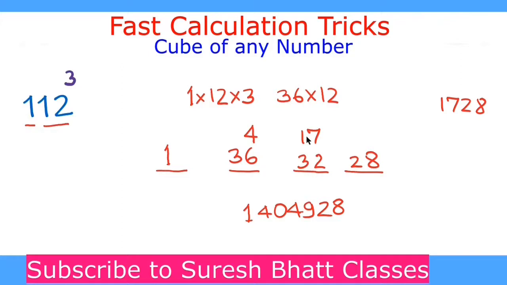The 2 digits only we have to write here, and we carry 17, and that 17 we write above 32. Now we add these numbers. We write 28 as it is, then 17 plus 32 is 49, so we write 49, then 4 plus 36 we write 40, and then we write 1 as it is.